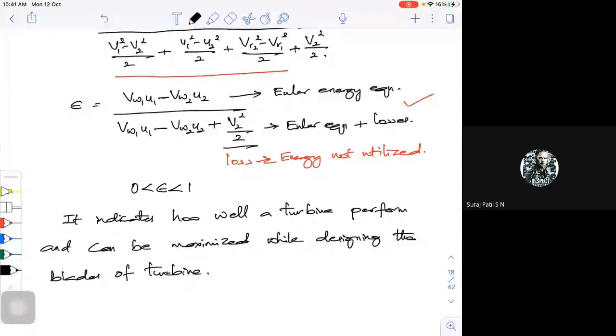What will happen with use? Maybe after a couple of years of installation of this turbine, the utilization will drop. It may drop to 0.9 or 0.85. That may be the time where it calls for replacement of some of the components. So I design for a utilization factor as well as the degree of reaction, 0.5 or 0.6, whatever it may be.